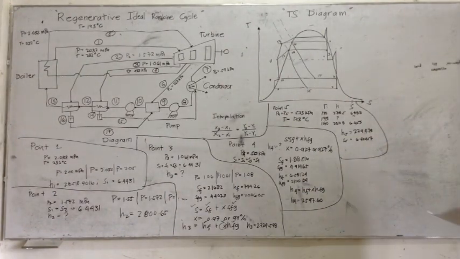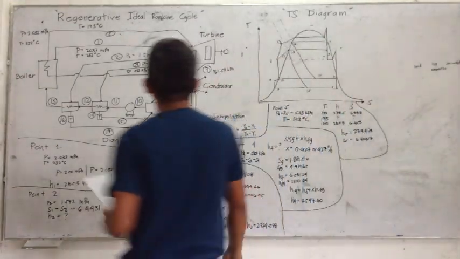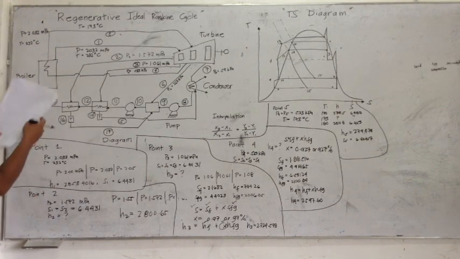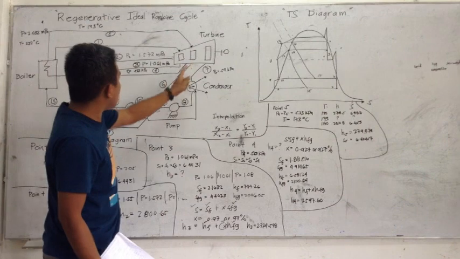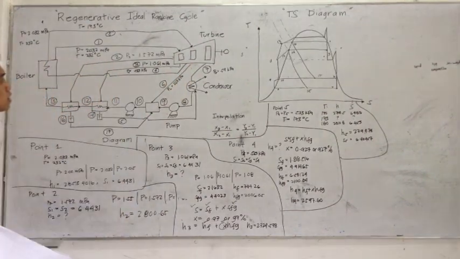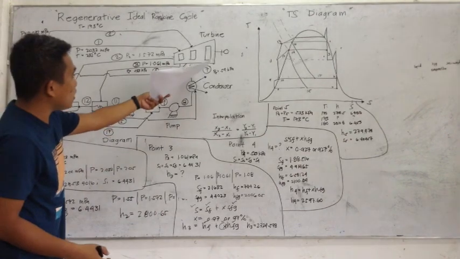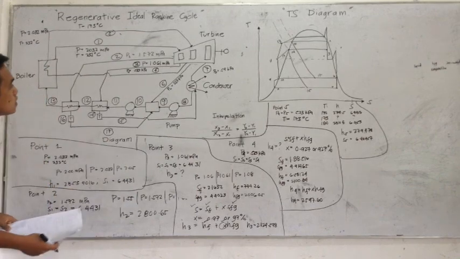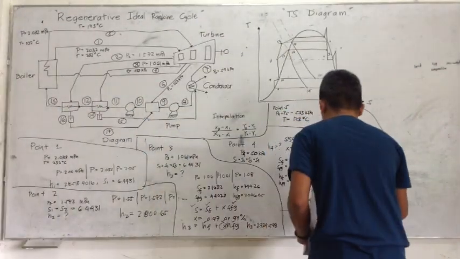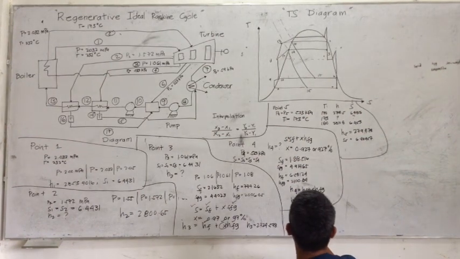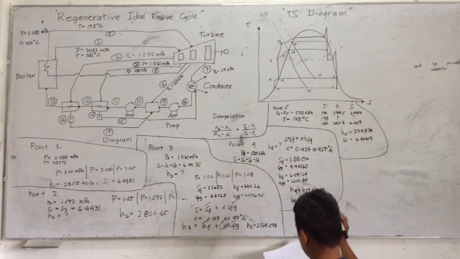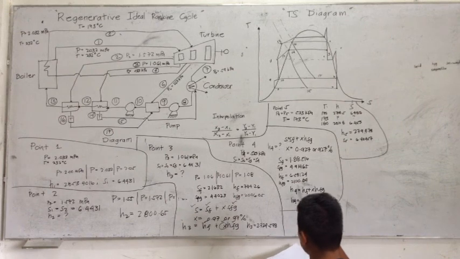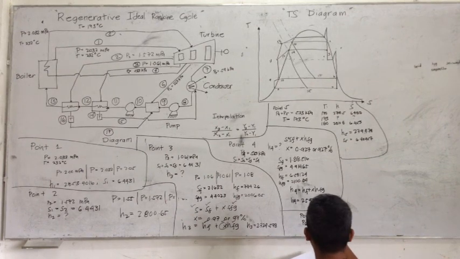Back in our diagram, the reheated liquid goes into the turbine. The turbine releases excess water, excess liquid, at point 6. Point 6 has a pressure of 227 kPa. So P6 is equal to 227 kPa.